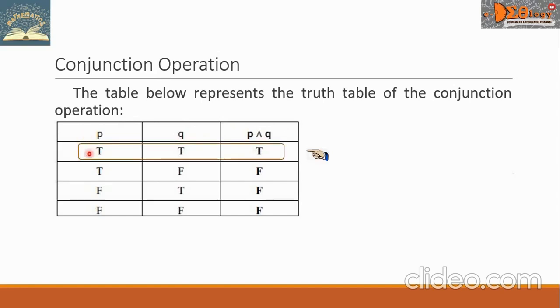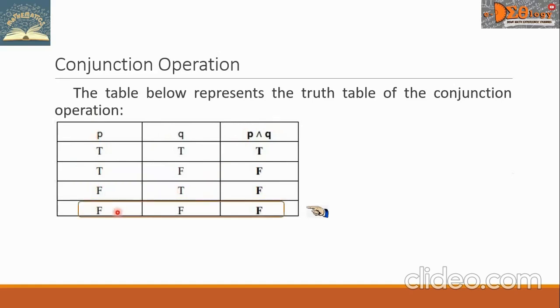Let us now consider the first row here. When P is true and Q is true, then P and Q is true. Second line, when P is true and Q is false. So we say P and Q is false. When P is false and Q is true, P and Q is false.